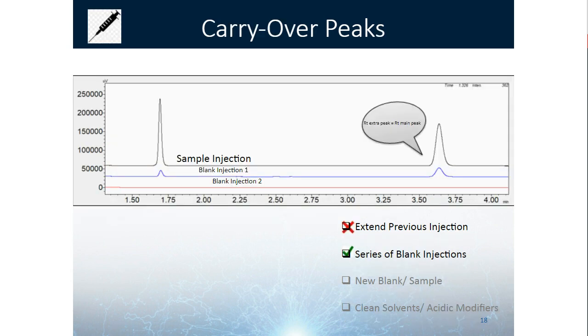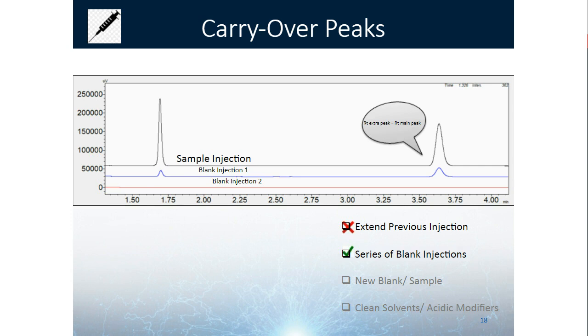Next would be carryover peaks. So let's say you extend your previous injection and you're still seeing these mystery peaks. One hint you see here is if the retention time of the extra peak is the same as the retention time of the main peak. If you see this, you may have to do a series of blank injections, whether that's 100% methanol or acetonitrile, maybe even water injections, depending on what kind of sample you're looking at.